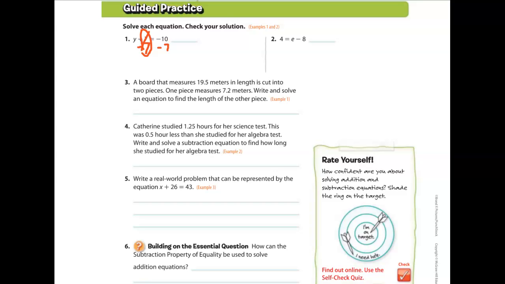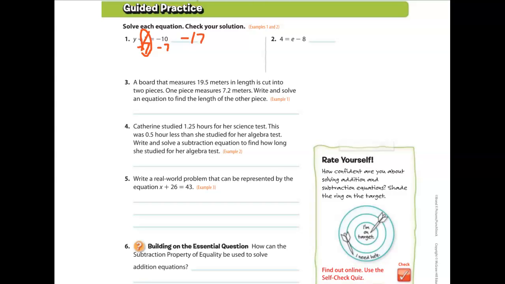Okay. We know that when we subtract a positive 7, we're really adding a negative 7. So if we have negative 10 plus negative 7, what is the answer going to be? Very good. That is going to be y is equal to negative 17.